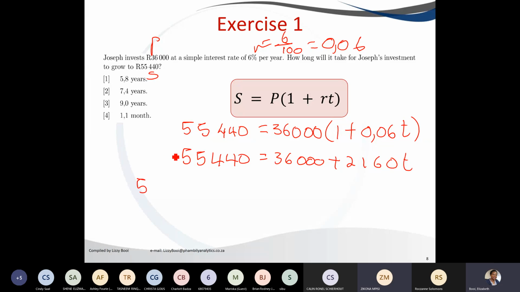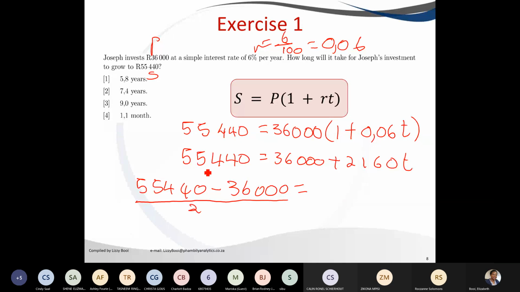So you said 55,440 minus 36,000, then divide everything by 2,160. Let me explain for those who don't know what you are doing.